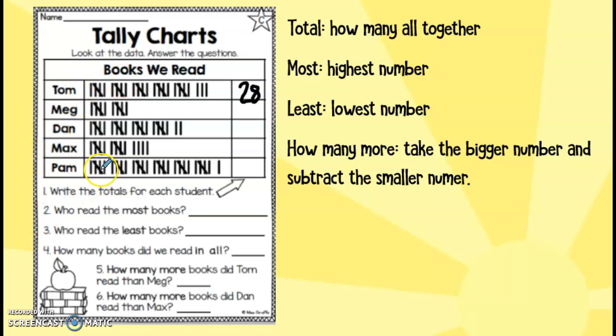Then I'd look, how many did Meg read? 5, 10. Put 10 there. Dan read 5, 10, 15, 20, 21, 22. Max read 5, 10, 11, 12, 13, 14.